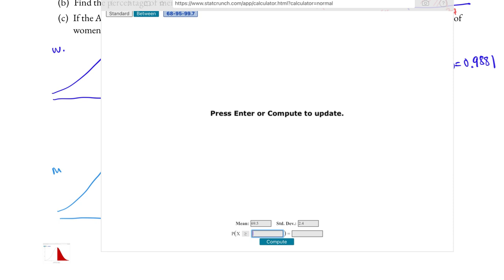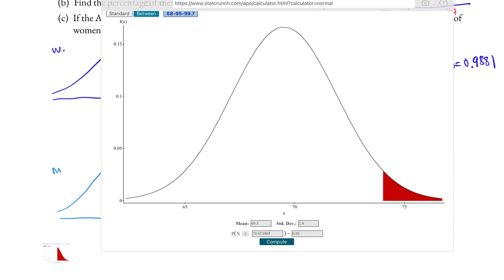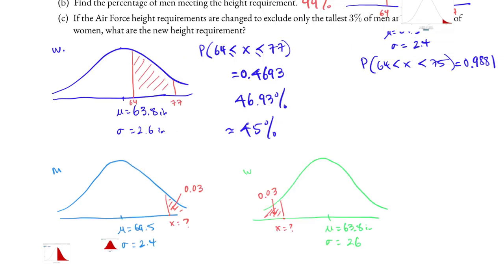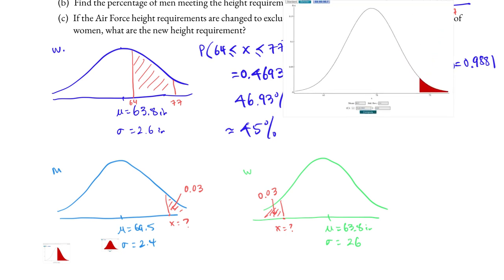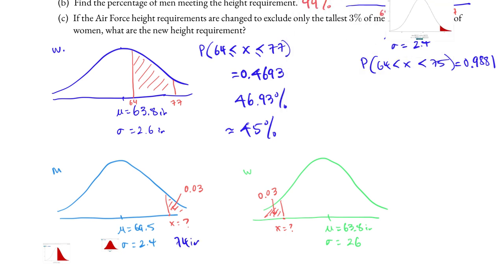The area on the right is 0.03. Input 0.03 in the box after the equal sign and hit compute. The given height is 74.01, so we will round it to 74. The number that separates the top 3%, or the tallest 3%, of men's height from the remaining is 74 inches.